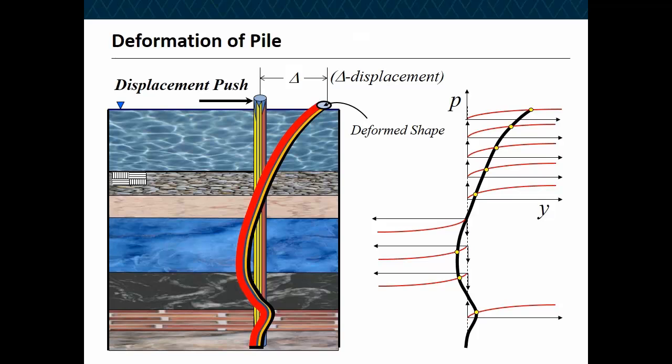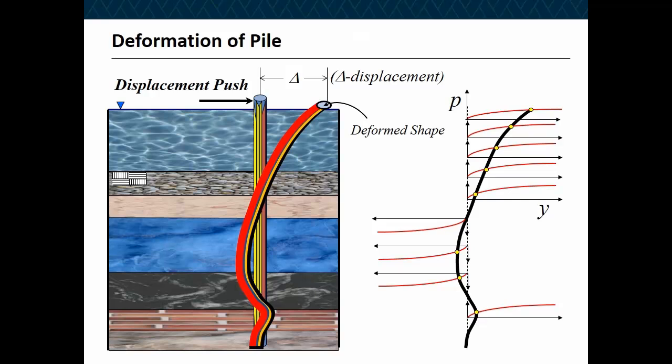Now, for the piles, in order to develop nonlinear springs, you basically stick a pile in the ground, and based on the different soil layers, you apply a load or a force or a displacement, and you come up with a deformed shape of the pile. As a result, you develop these nonlinear pile springs.